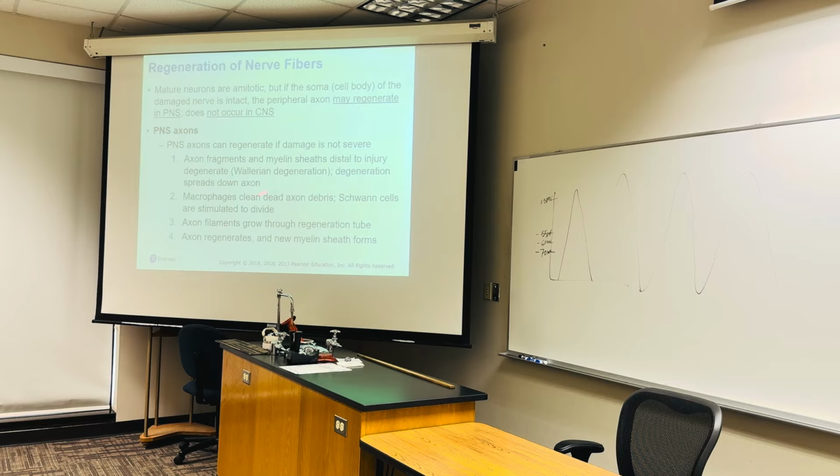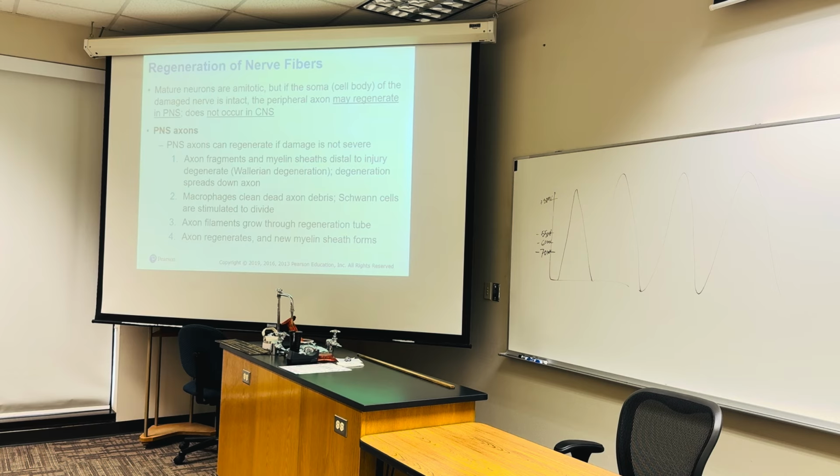Degeneration spreads down the axon. That is happening once you have slight damage in your myelin sheath. You are going to break down the whole entire myelin sheath. Now after you break it down, you have to clean that specific part. How do you clean it? You have a specific type of cells for that.